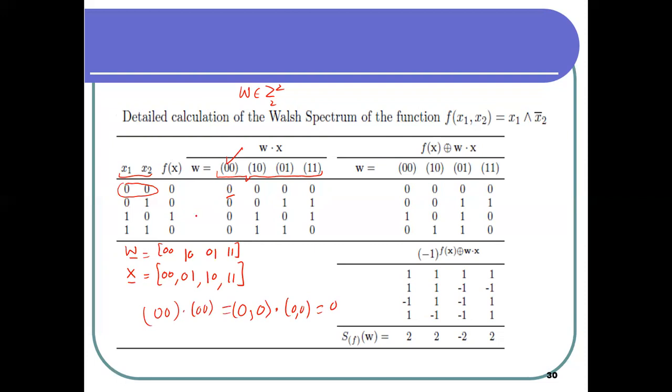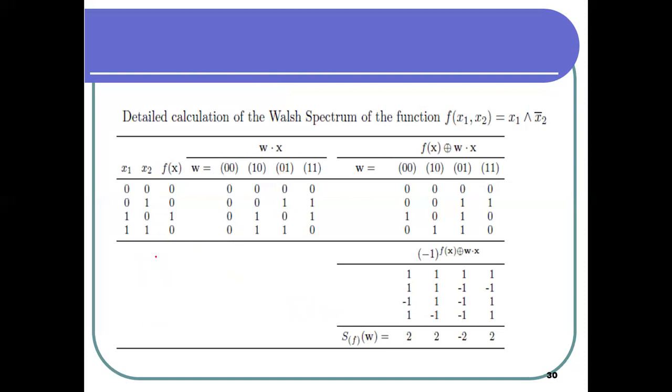Similarly, if you multiply all these, we will get 0. If I take this one element, W is 0, 1, and its dot product with 0, 1. If you can see, this is a two-tuple and this is again a two-tuple.